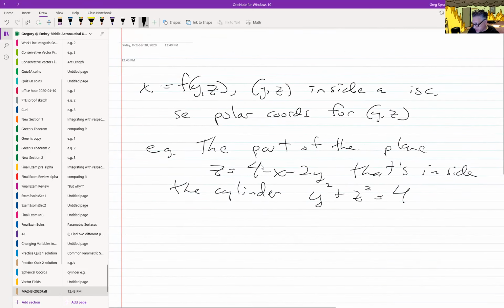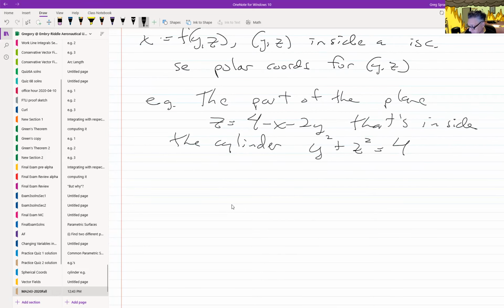Now, wait a minute, you say. I thought x is a function of y and z. Here, z is a function of y and x. But well, we can take that surface and solve it for x. We'll have to do that.